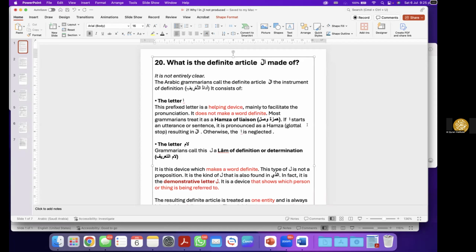That sound will be like a glottal sound, like hamza, because alif normally doesn't have a sound, but if it starts at the beginning of the sentence, it will make a sound which is actually a glottal sound, and you know hamzatul qat is the glottal sound, a cut of sound. So if it is a beginning. Otherwise, alif will be neglected.